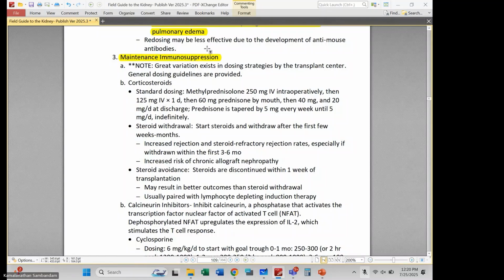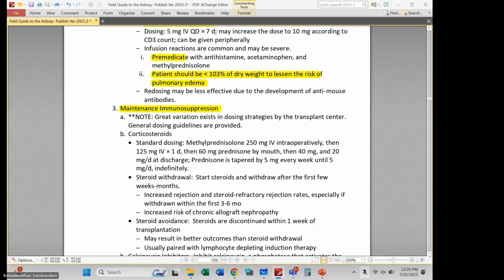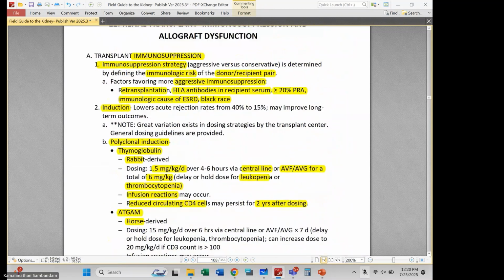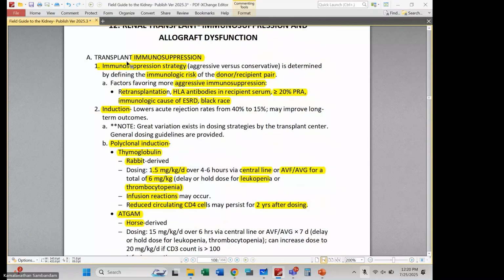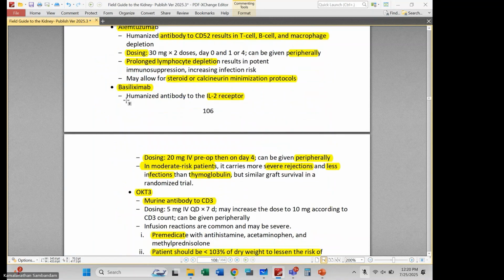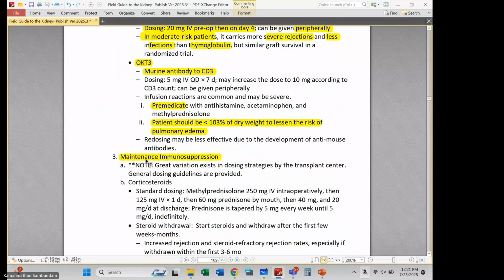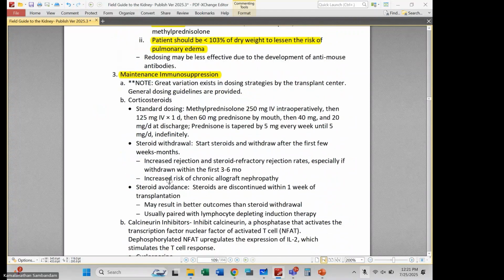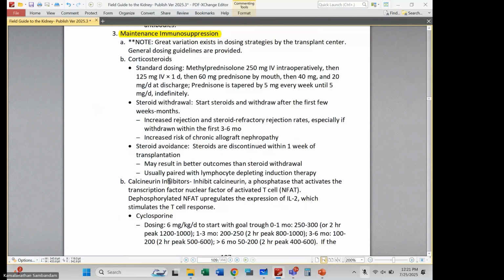Okay, moving on to maintenance immunosuppression. Okay, the big picture view again. Define immunologic risk, make a decision about induction in combination with your plans for maintenance therapy. Okay, what are my maintenance therapy agents? Corticosteroids would be usually part of standard immunosuppression.